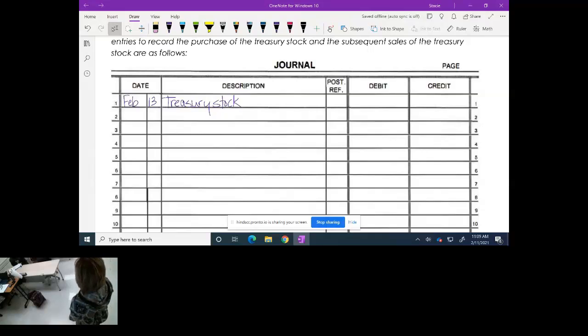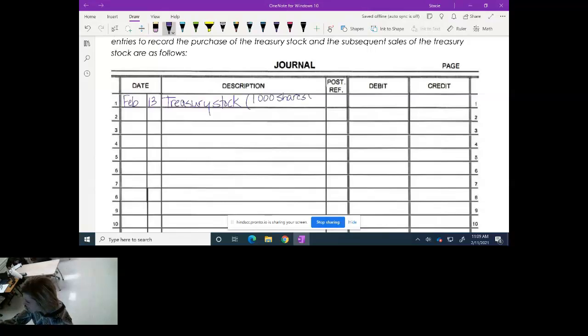But Treasury stock is a reduction in equity, so we acquired 1,000 shares, and they had to pay $45 a share on those 1,000 shares they bought back. So the total amount going into Treasury stock is $45,000, and then we'll credit cash for the same amount.